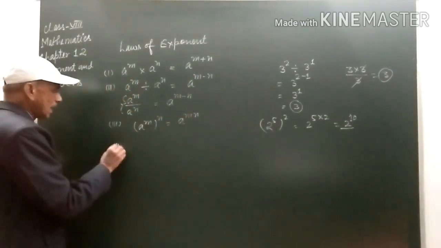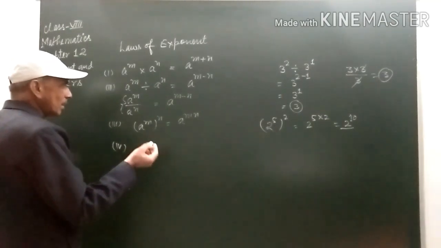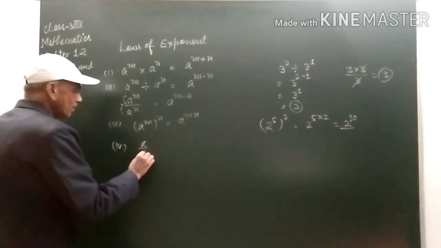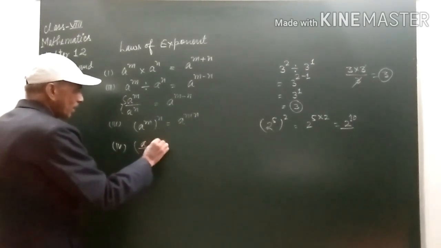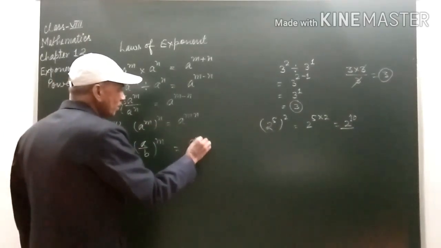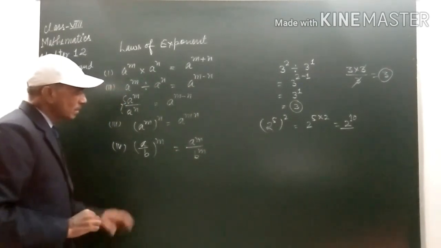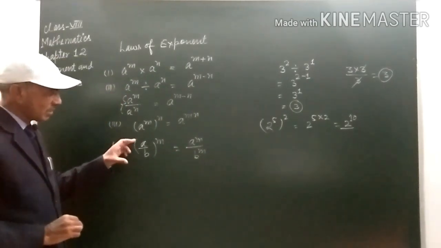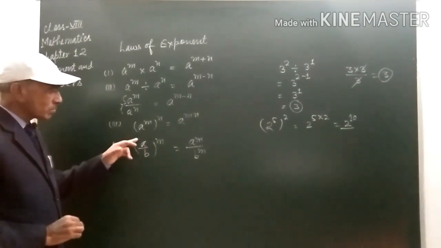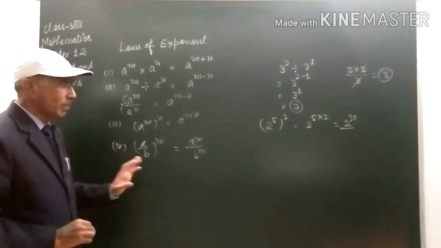Fourth law of exponent, students, that will be, let there be two numbers, a upon b to the power m. It means students, a to the power m upon b to the power m. If there are two numbers like this, a and b whole power m, it means a to the power m upon b to the power m.